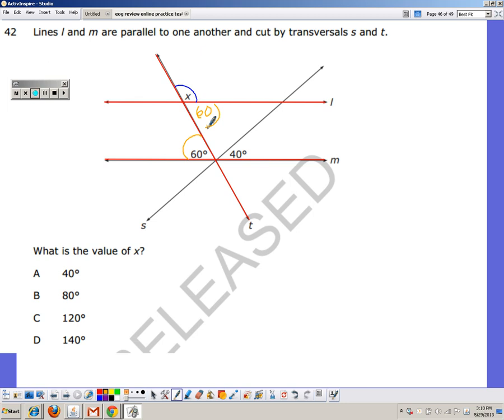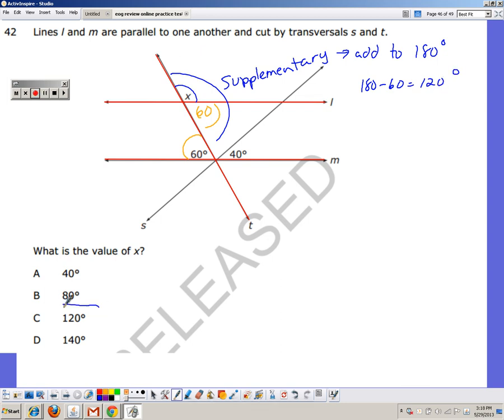Since x is right next to 60, that means these two are supplementary. If you will recall, supplementary means it must add up to be 180. So we're going to do 180 minus 60, that's 120. So x is 120.